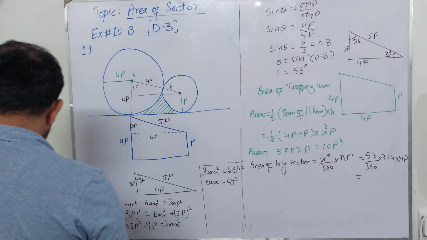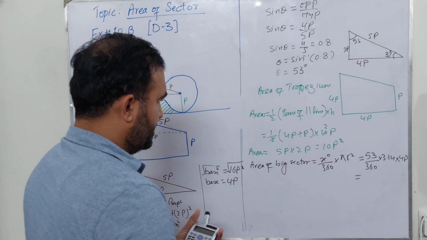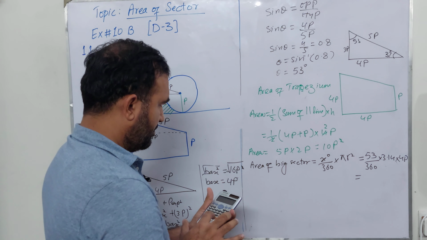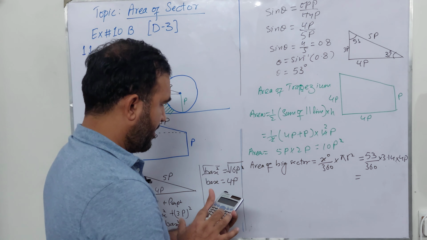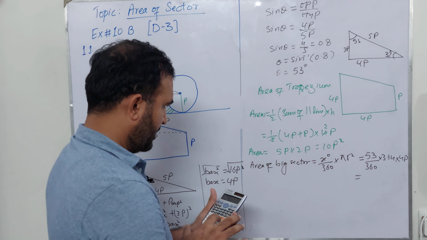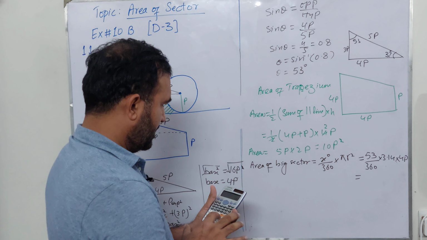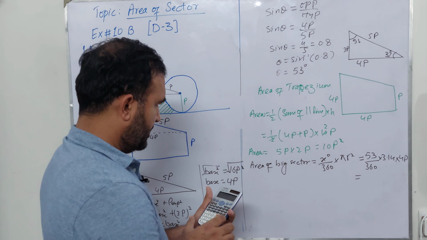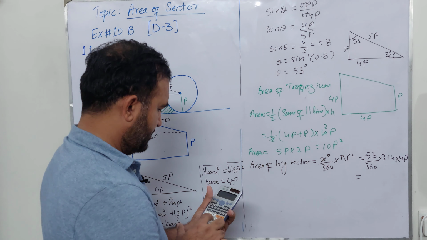So we need a calculator to find this. So 53 multiplied by 3.14 multiplied by 4, divided by 360.